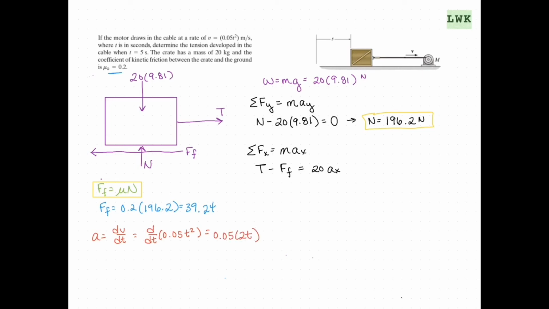So a equals 0.05 times 2t, and then we plug in 5 seconds. The acceleration is going to be equal to 0.5 meters per second squared.